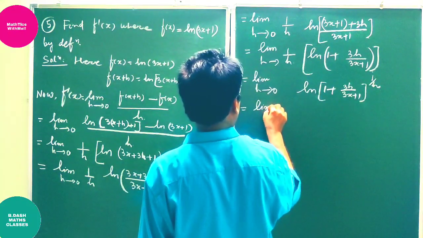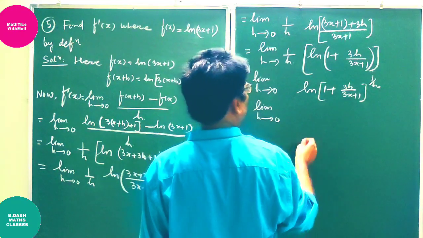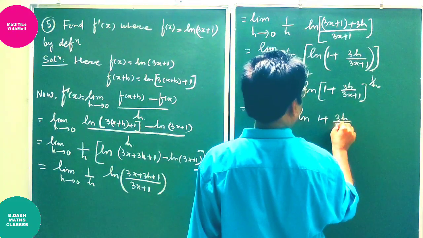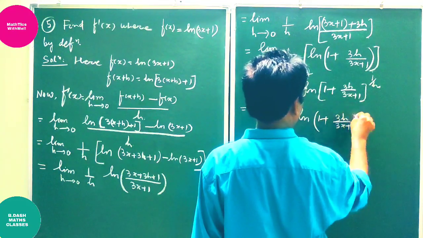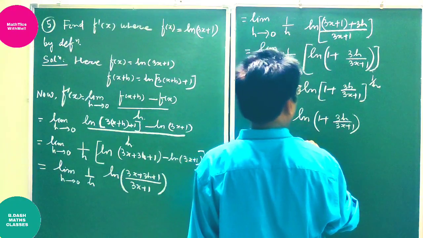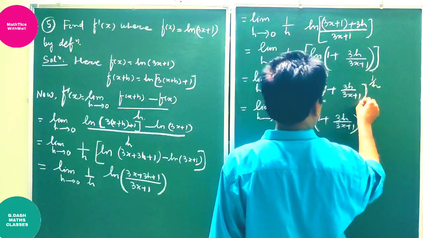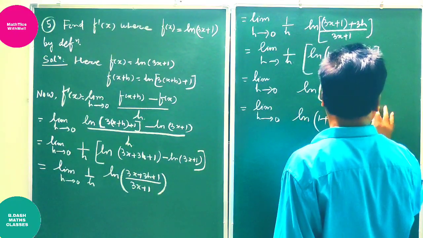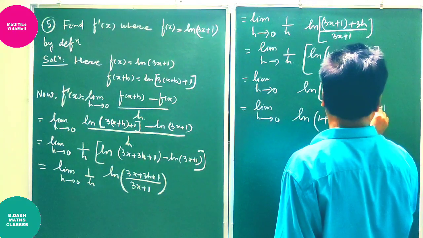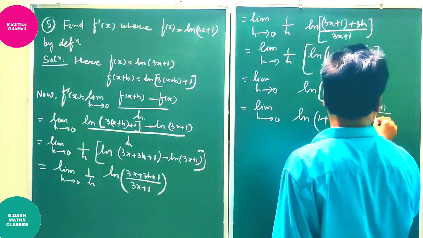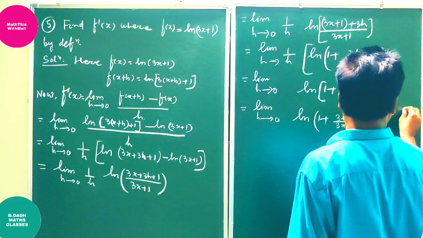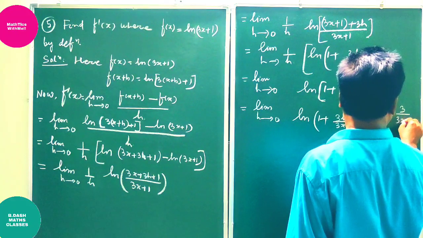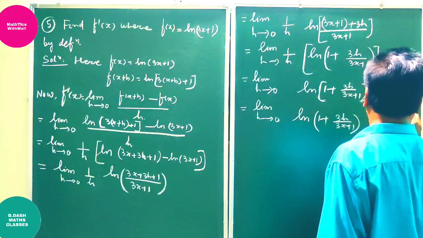So this is equal to limit h tending to 0 of ln of (1 plus 3h by 3x plus 1) to the power (3x plus 1) by 3h into 3 by (3x plus 1).